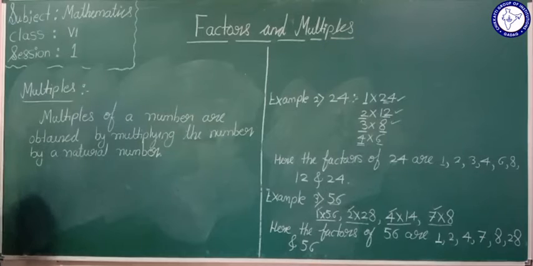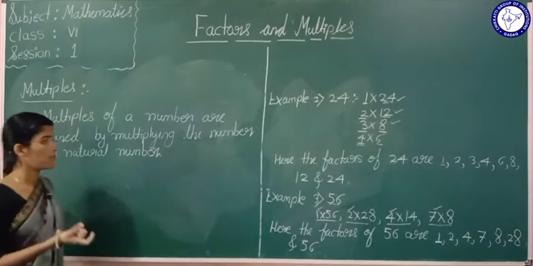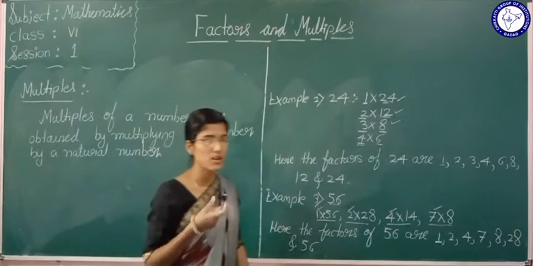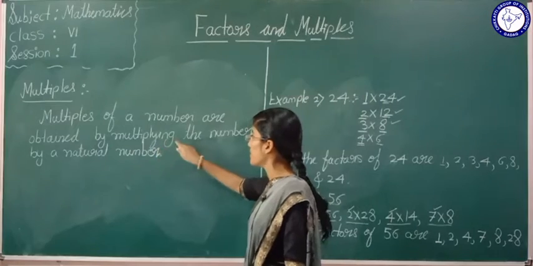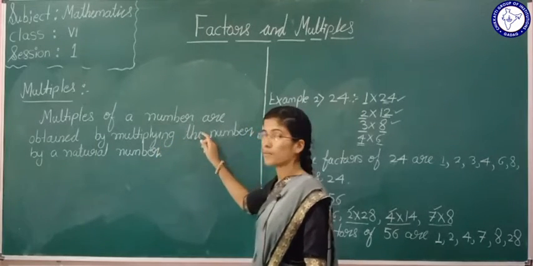Now see here, the multiples definition tells us what multiples are. Multiples of a number are obtained by multiplying the number by a natural number.